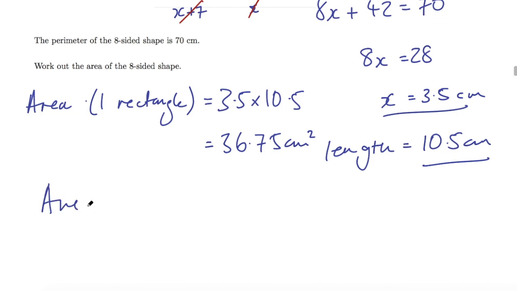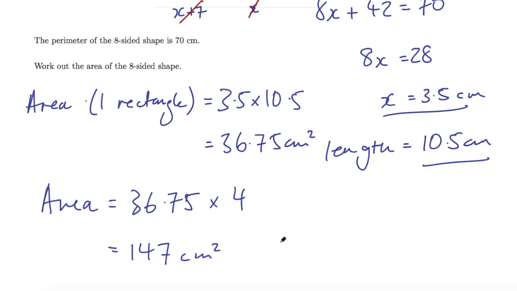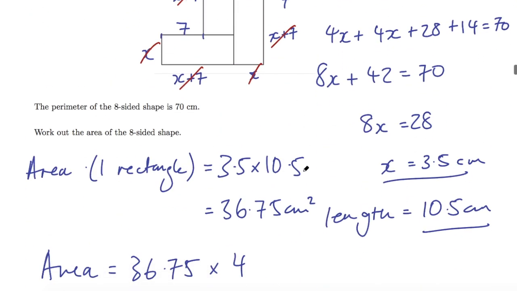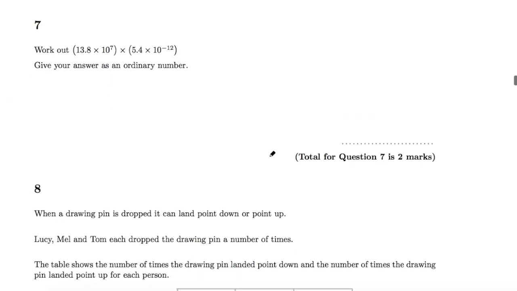So the area will equal 36.75 times 4. And that gives me a total area of 147 centimeters squared. Surprisingly, this is a 5-mark question. So if you manage to get through that, well done, you just earned yourself 5 marks.